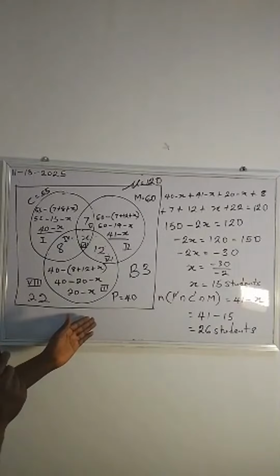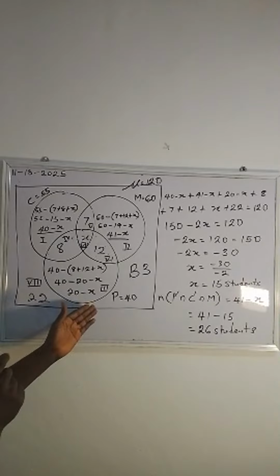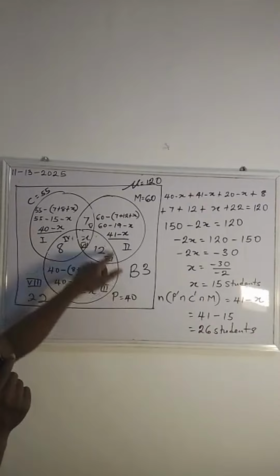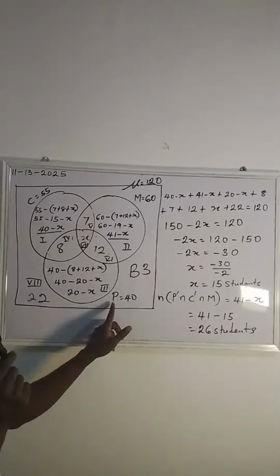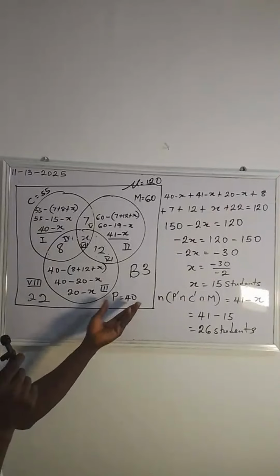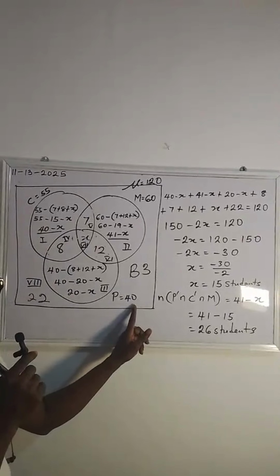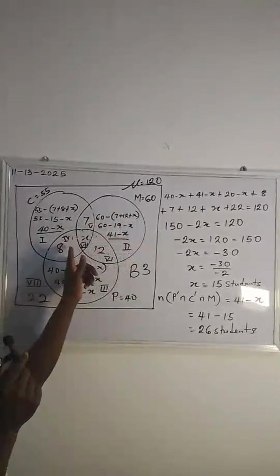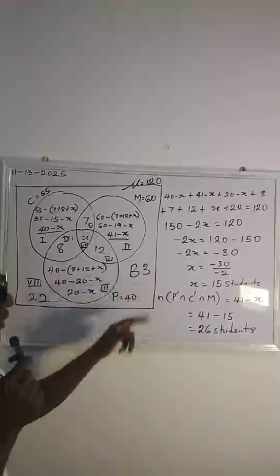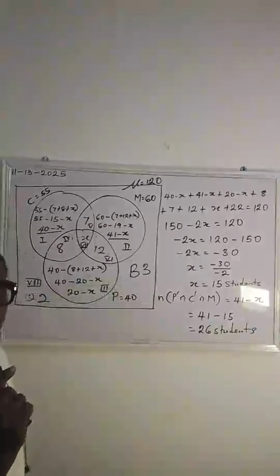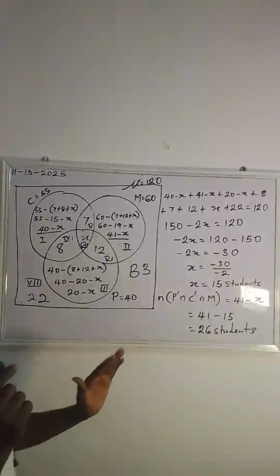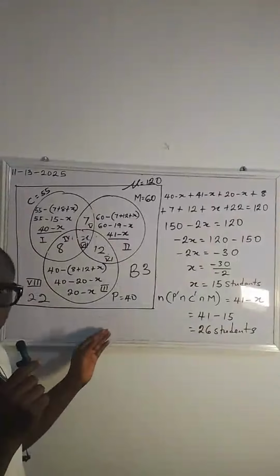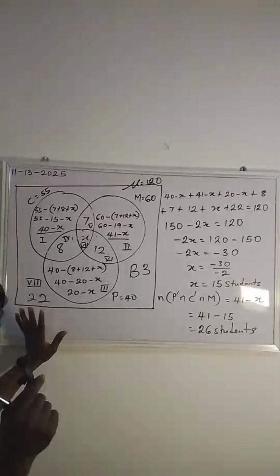Let's say you don't remember to put plus 40, you didn't tell us this one is set of P, so you have minus half. You don't have it here, you have minus half. That is the more reason why you have to be very detailed and careful whenever you are solving a problem of this form.